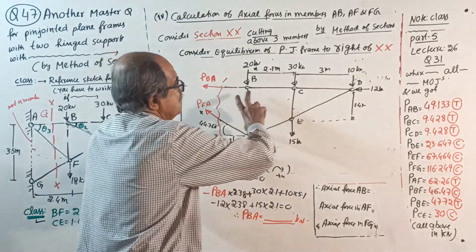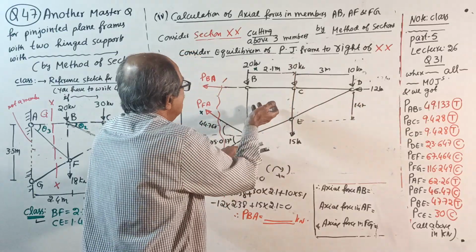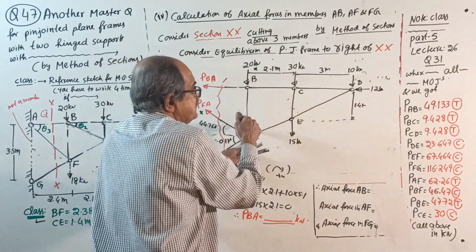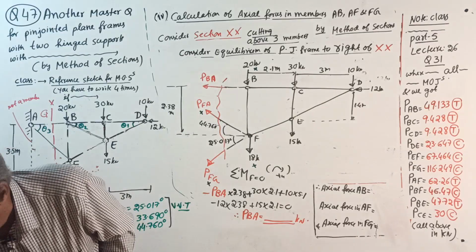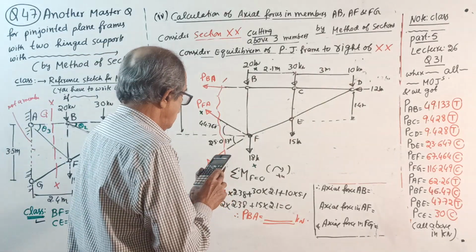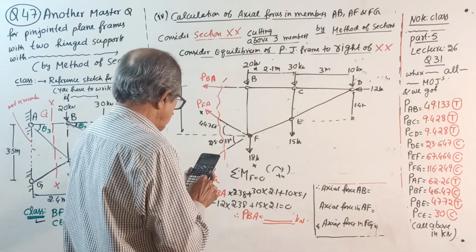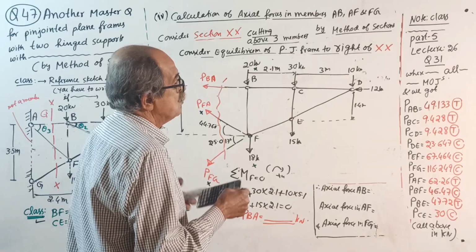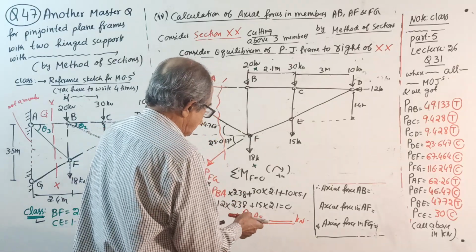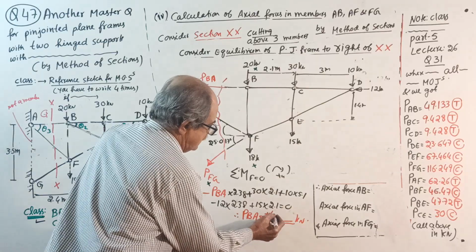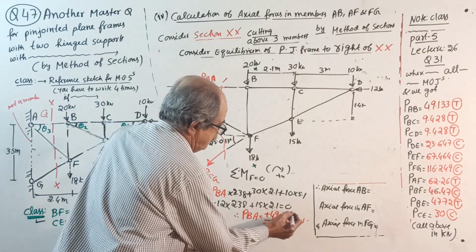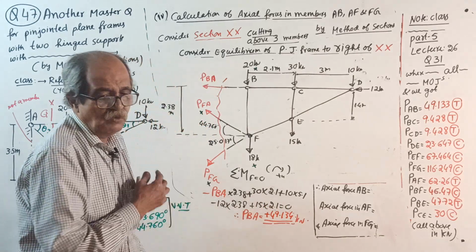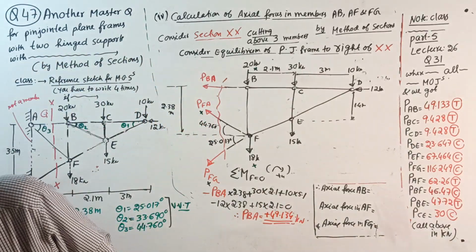I thought this distance is somewhere there, I did not see properly. So what answer did I get? I will multiply by 1.4 and divide by 2.38. 49.134. Plus 49.134 kilonewton. Okay, over.